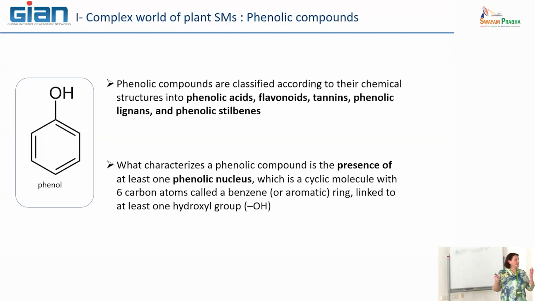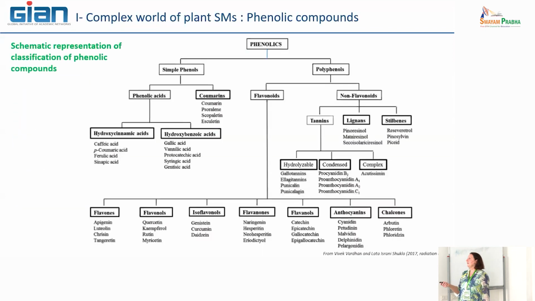And how is this world of phenolic compounds organized into main branches? What is called simple phenols, in which you will find phenolic acids and the coumarins, and specifically some of them can also be transformed into furocoumarins. Furocoumarins are not shown here, but they are very important for several pharmaceutical applications.